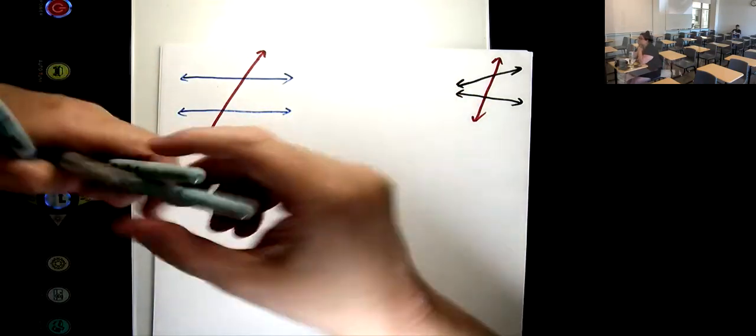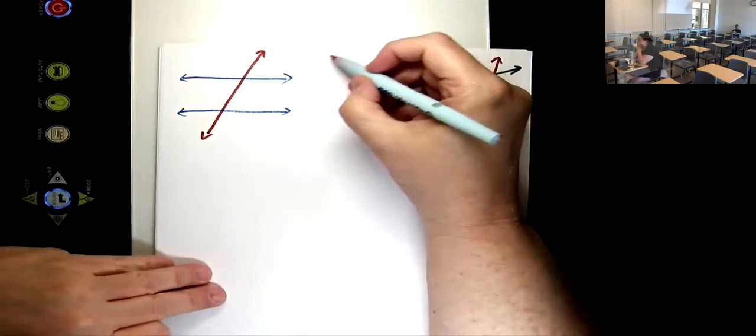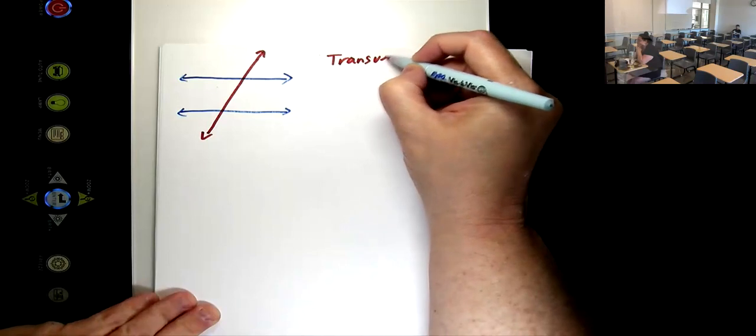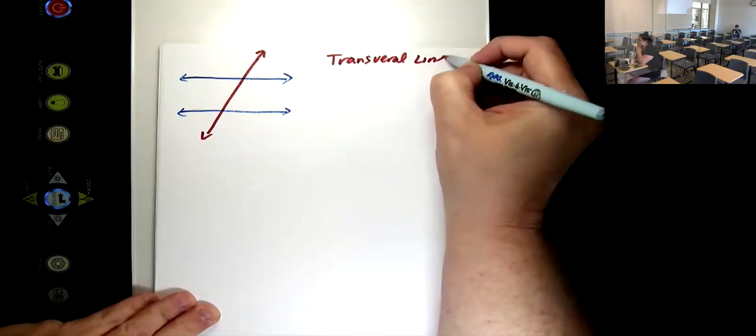Okay, so the red line here on both images is called the transversal line. A transversal line crosses more than two lines.